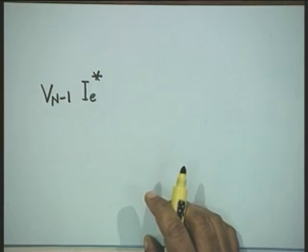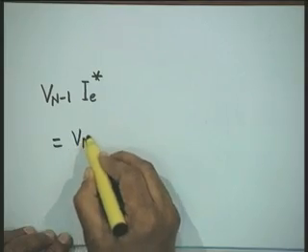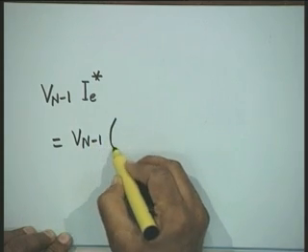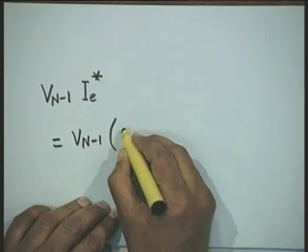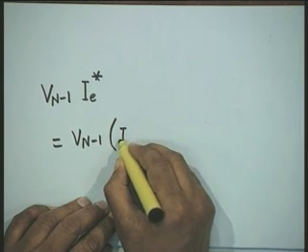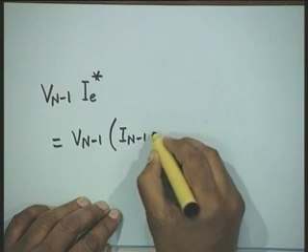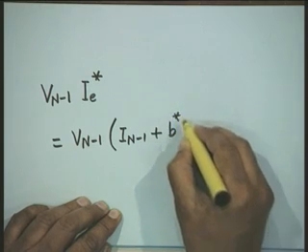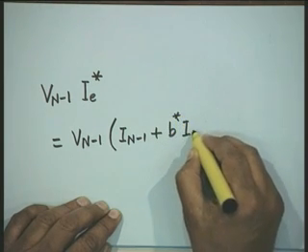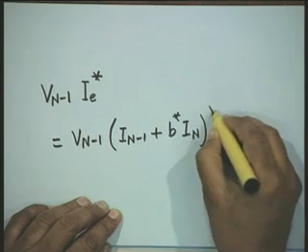This product shows the complex power injected at the equivalent bus. Okay. Now, this can be written as V n minus 1 into I n minus 1 plus B star I n, whole star.